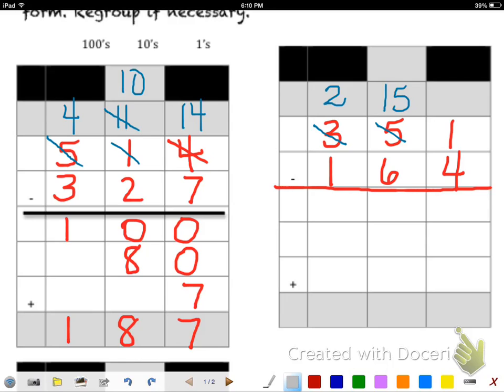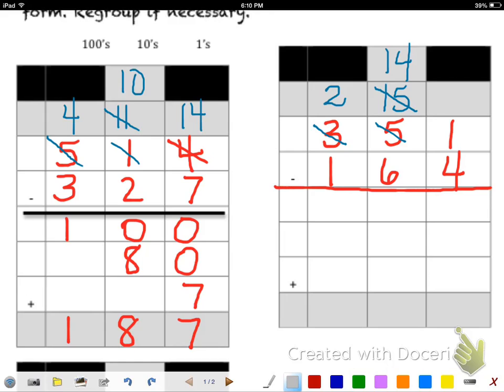So now I say that I'm ready to subtract, but I see that the ones place is still struggling. So I need to regroup again and take a 10 from the tens place and bring it over to the ones place. So when I take a 10 from 150, I'm left with 140, which is the same as 14 tens.